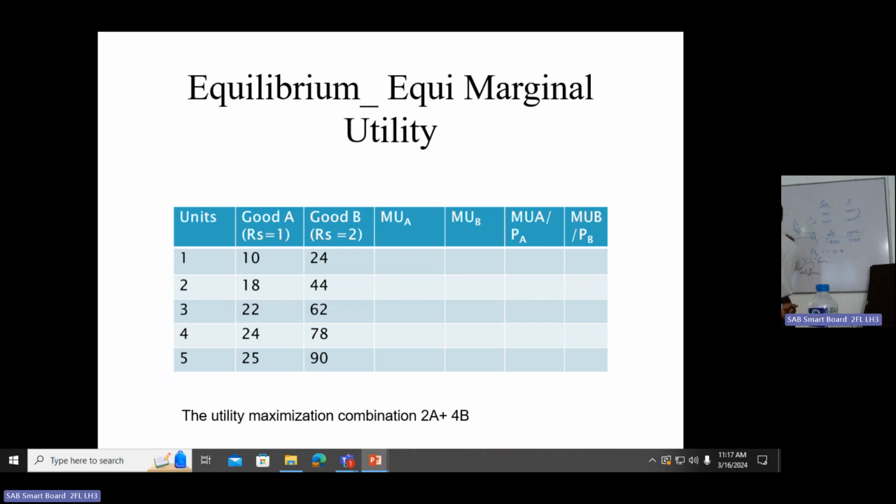These two conditions should be satisfied. Is it clear? So instead of two products, we can say two bundles of goods.